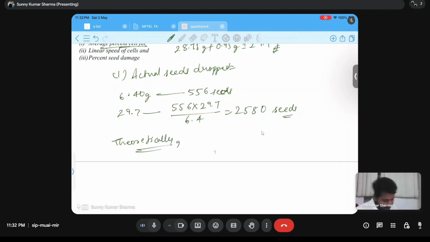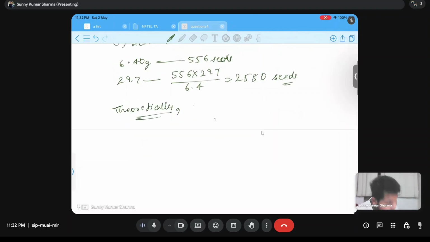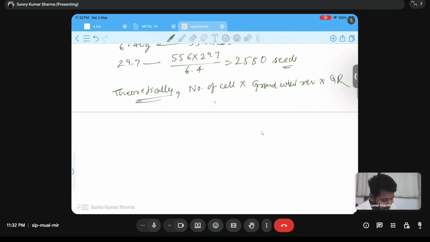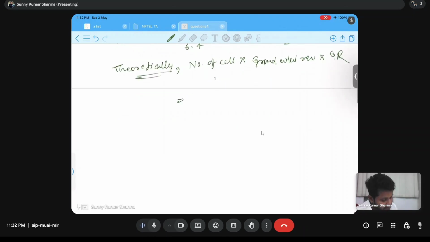Theoretically, the seeds obtained will be number of cells into ground wheel revolutions into gear ratio. Number of cells is 72, ground wheel revolution is 50, and gear ratio is 0.76.